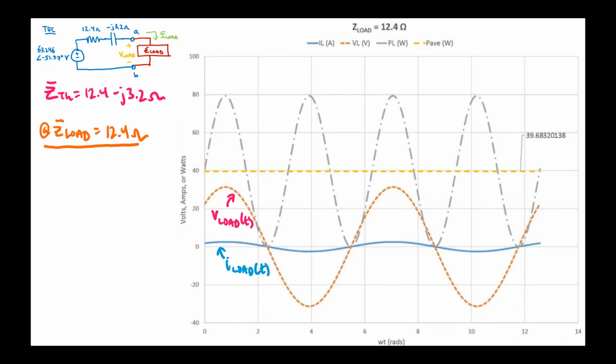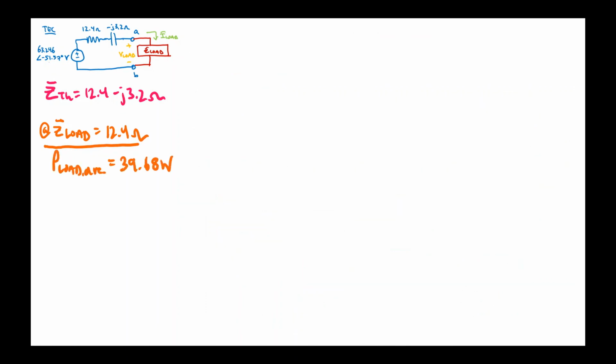If I were to multiply those two waveforms together, I would get Pload of t, that's the instantaneous power absorbed by that load as a function of time. You can see that it goes up and down and up and down, so what really matters here over a cycle is to calculate what the average is. If I were to do that, which is plotted for us already, we would see that it's 39.68 watts, so that's our average power.